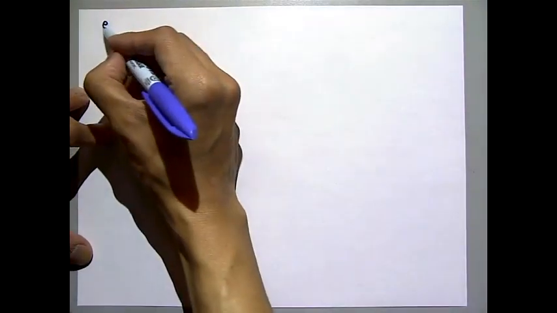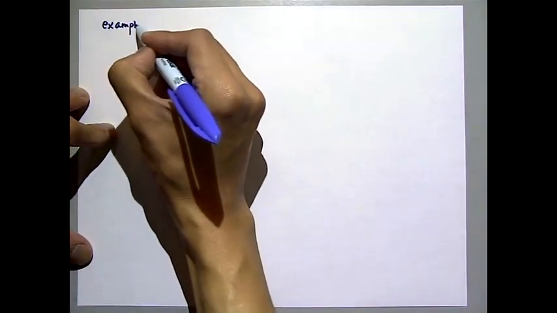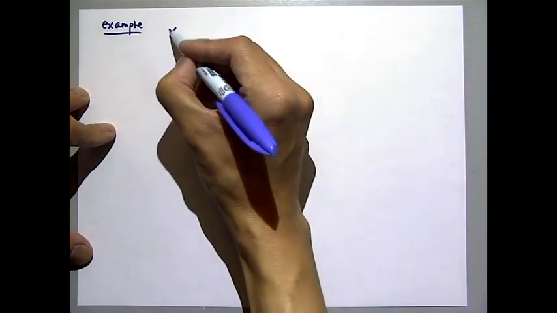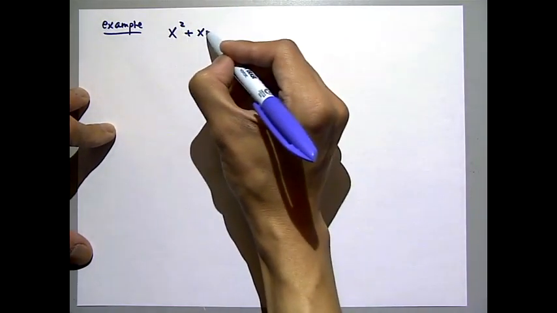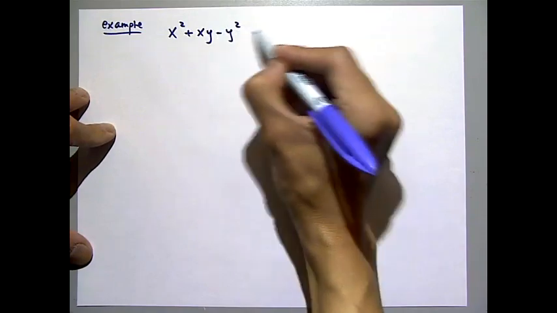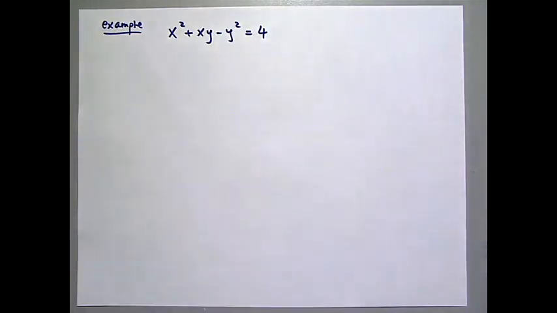Okay, now let's look at this next one. This next one, we've got a little bit of complication going on with one of the parts. x squared plus xy minus y squared is equal to 4.